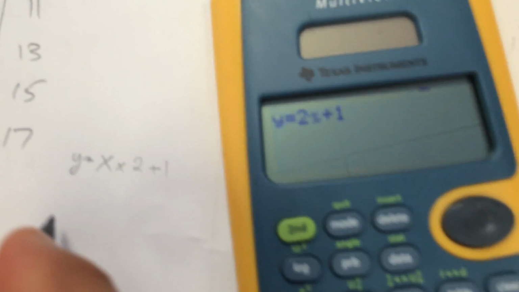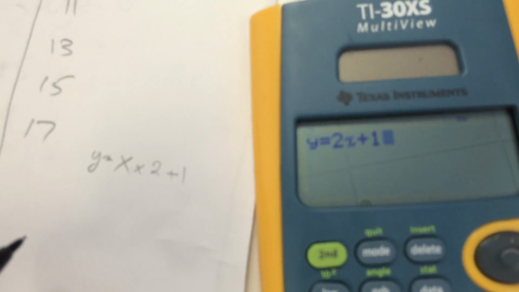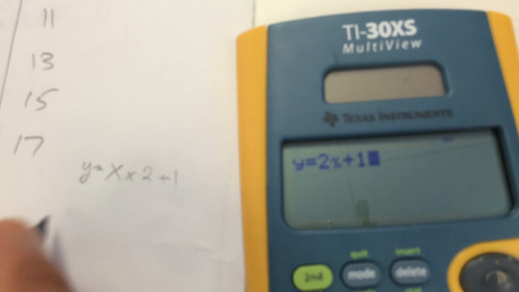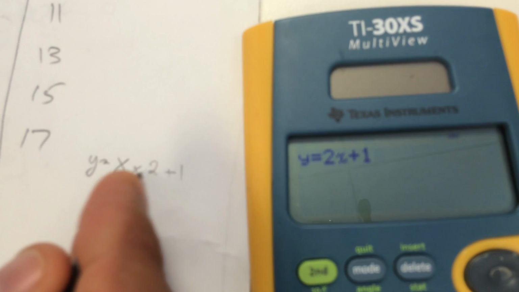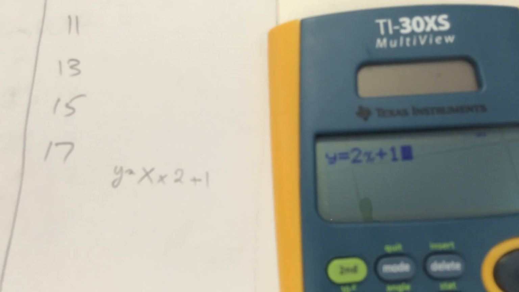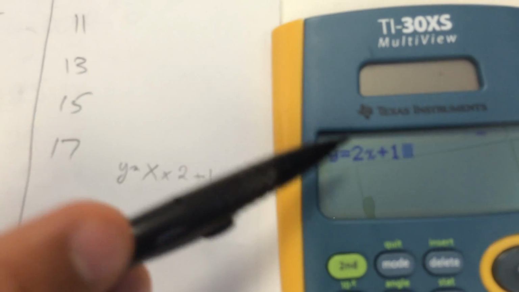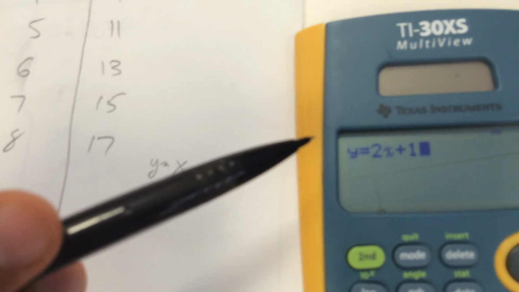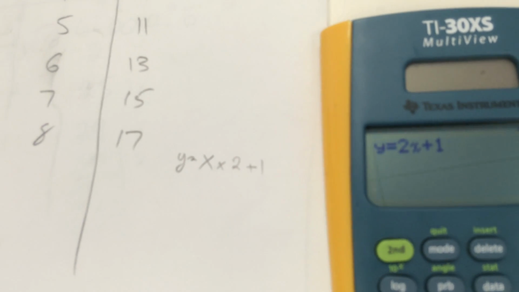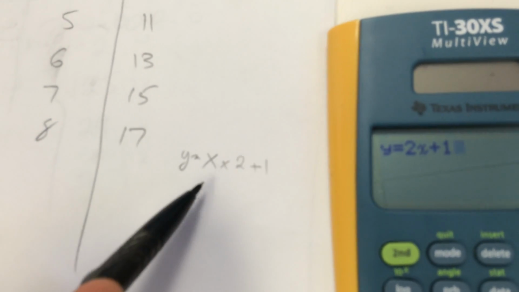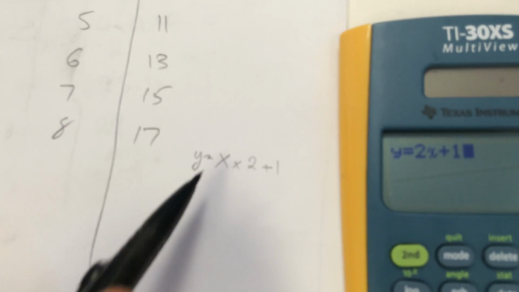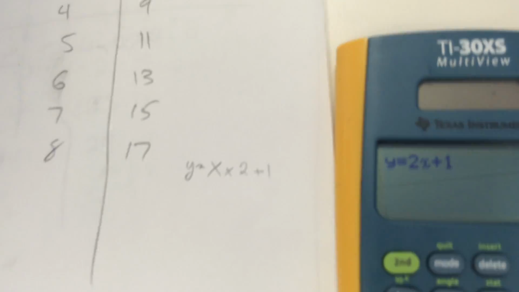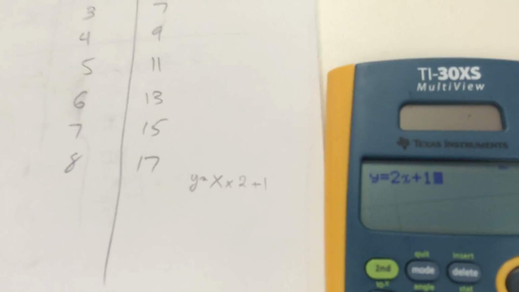What I wrote was y equals x times 2 plus 1. Is that different? Well, I assume 2x is like 2 times something, that input, which is x. Is that correct? My assumption? I don't think it's different. I just put the multiplication sign between.